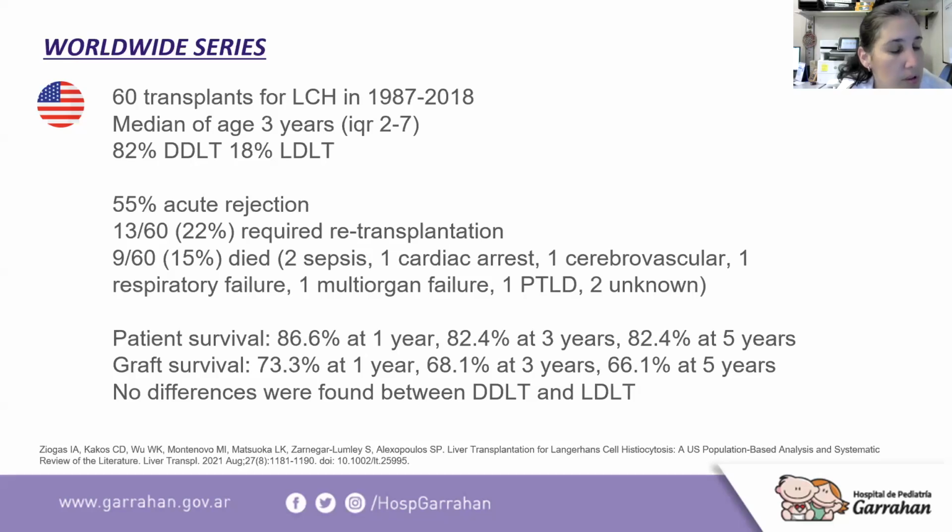With regard to post-transplant complications, 55 had acute rejection. 13 of those required retransplantation, but the cause of those retransplantations was not mentioned, so that might be because of recurrence of the disease. 50% died due to diverse causes, and patient survival was close to 87% at 1 year, and then it dropped to 82% and 82% at 3 and 5 years. No difference was found between deceased donors and living liver donors.